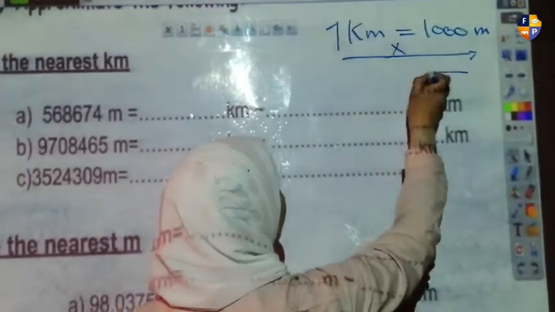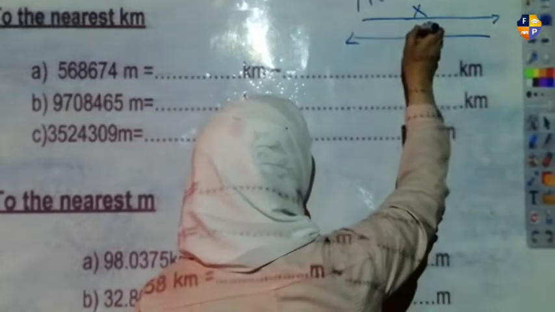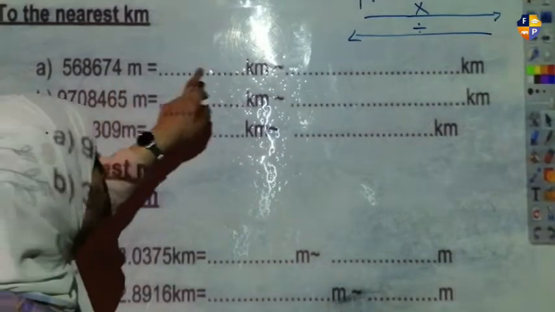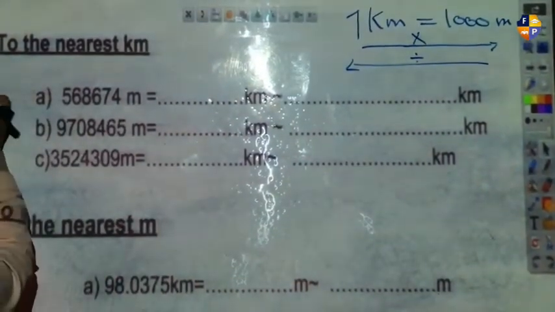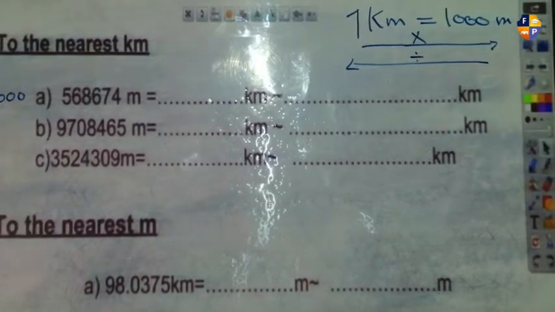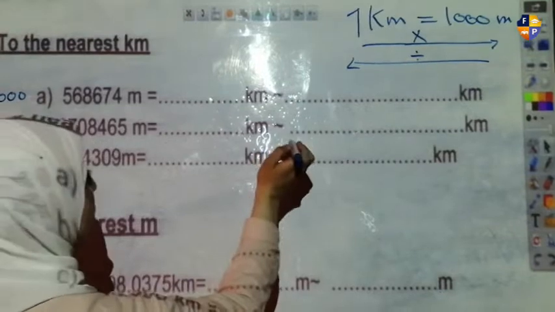And when I convert from the smaller unit to the bigger unit, I will divide. Here I will convert from meter to kilometer, so I will divide by 1,000.